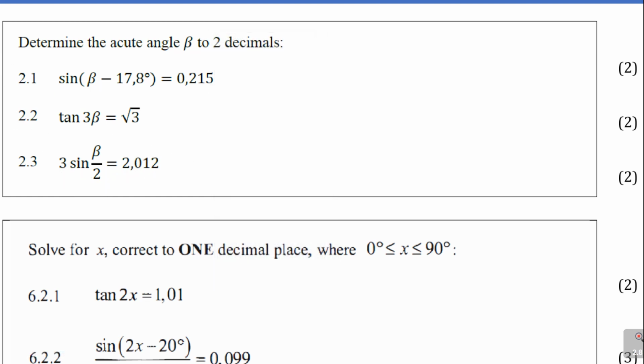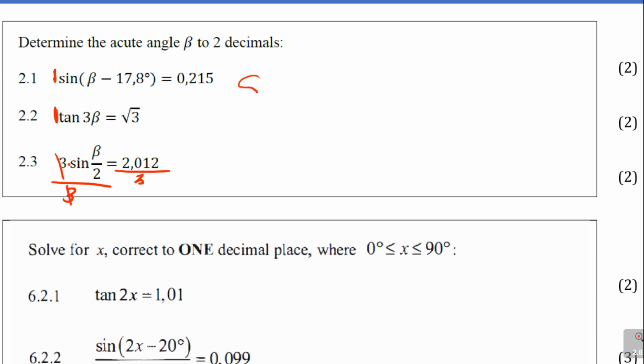You need to remain with only sine and the angle inside. Like here, the number there must be 1. The number there must always be 1. But here the number is 3. Then you need to get rid of that 3. What is it doing? It's multiplying. So what must I do? I do opposite, divide by 3 on both sides. See what is happening?